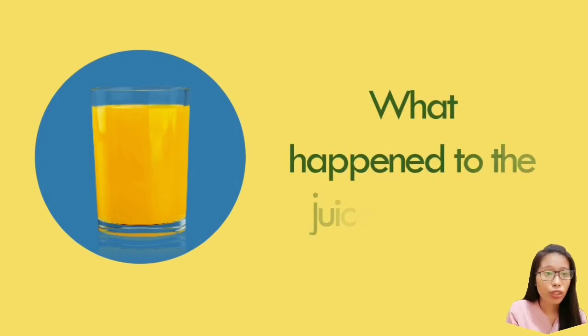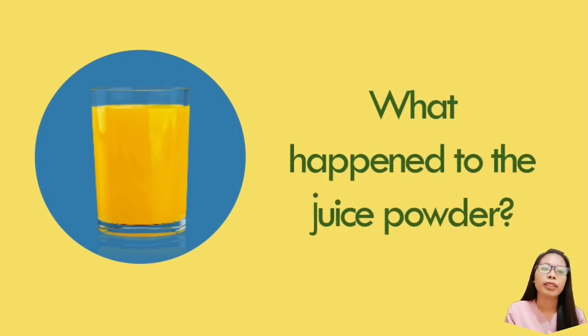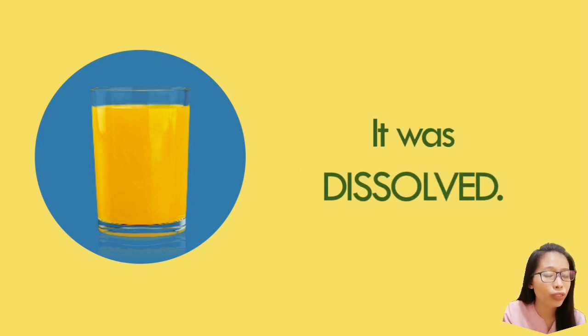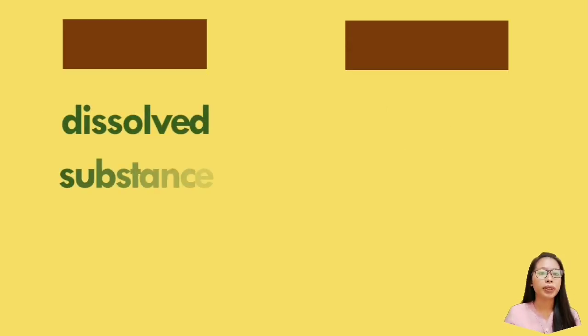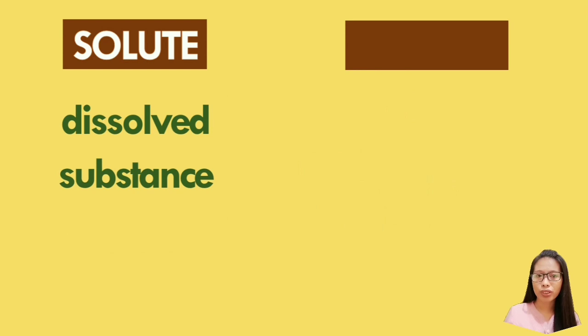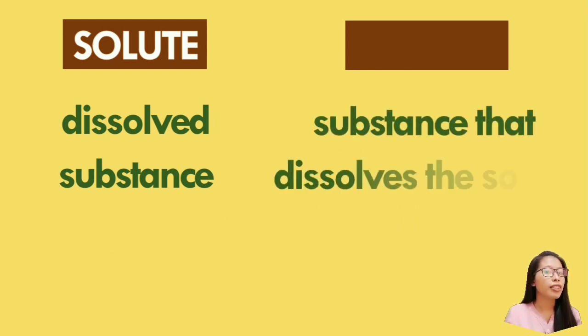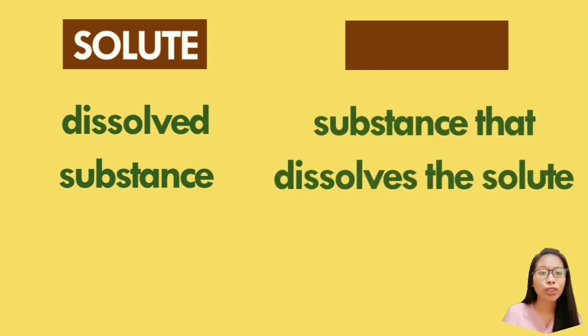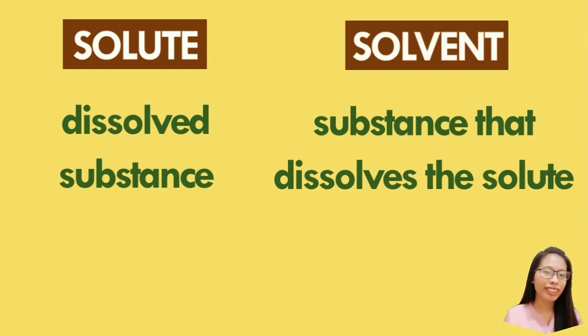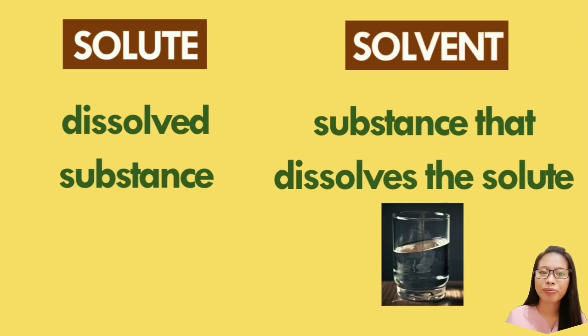What happened to the juice? Yes, it was dissolved. A dissolved substance is called a solute, while a substance that dissolves the solute is called a solvent. In this case, the water.